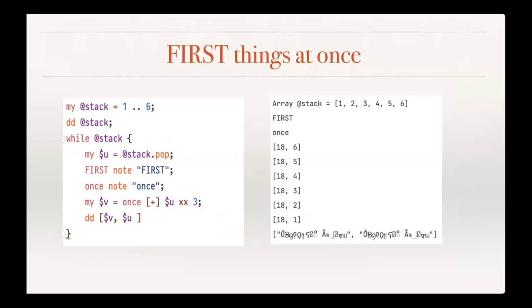Something happened on the way after implementing once. There's something kind of weird about once in the sense that it does something kind of like a phaser, but doesn't look like a phaser. It's not defined to run at any specific time.